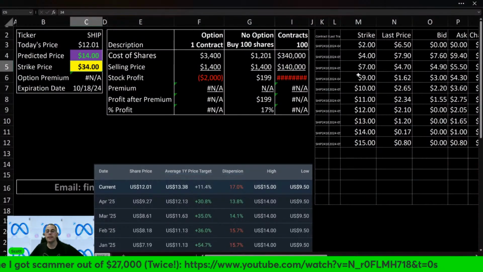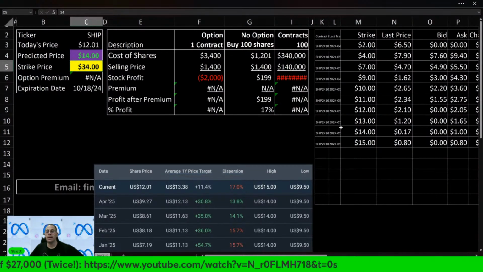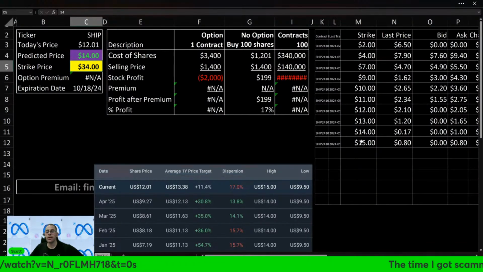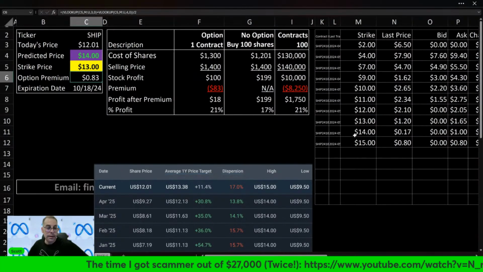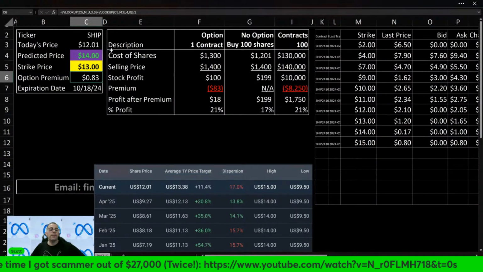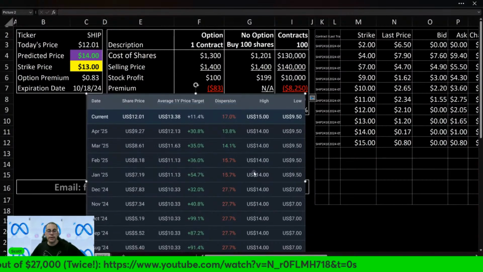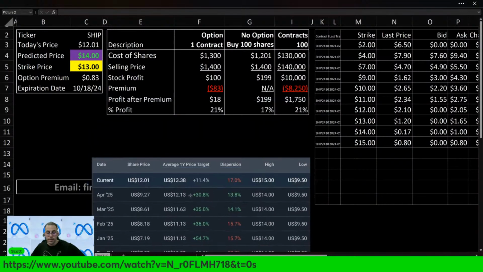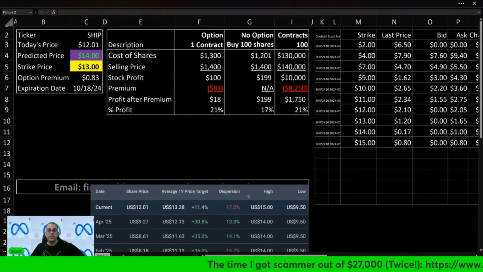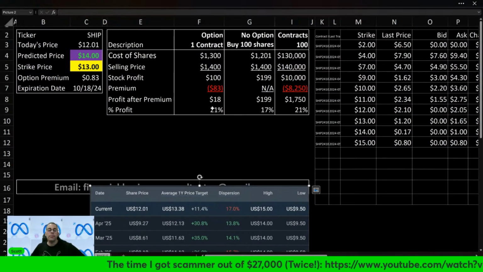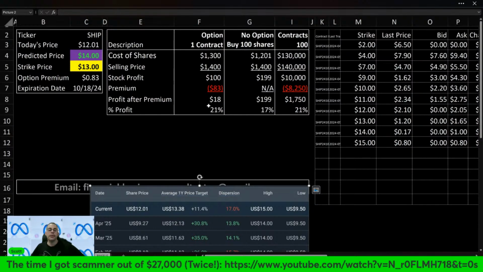Let's do the strike price. Let's pretend the strike price, we'll do 13. So if this analyst predicted it right, the $14 analyst, if it does hit 14, and we're buying the $13 strike, right? We make a 21% return on our investment.